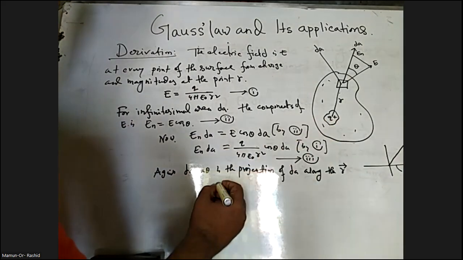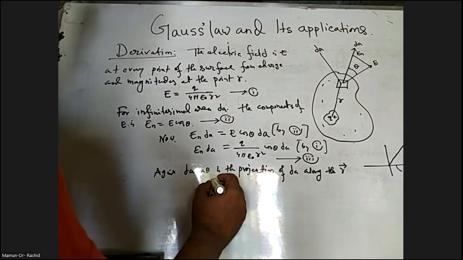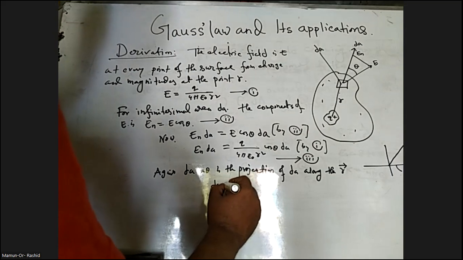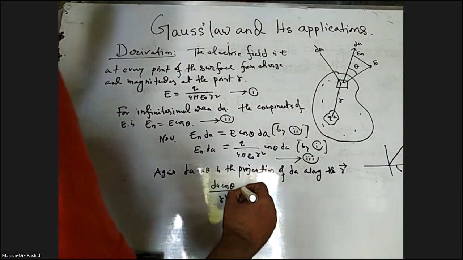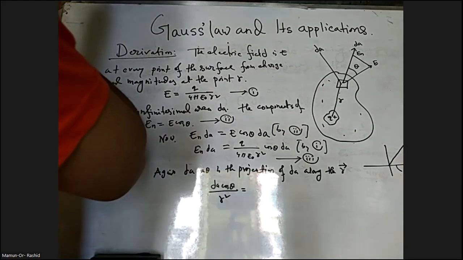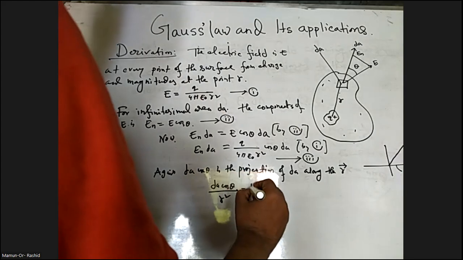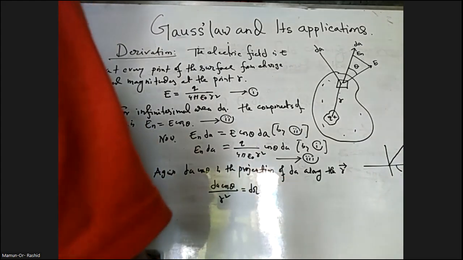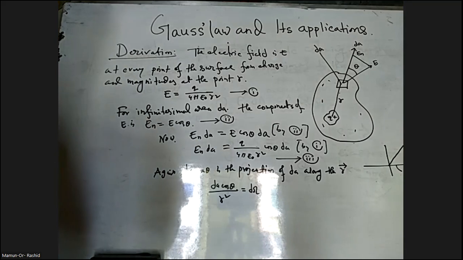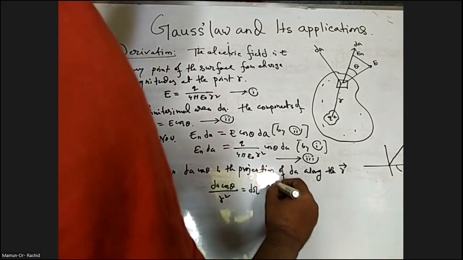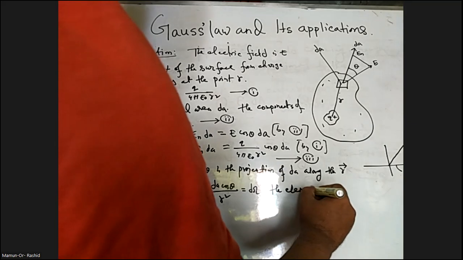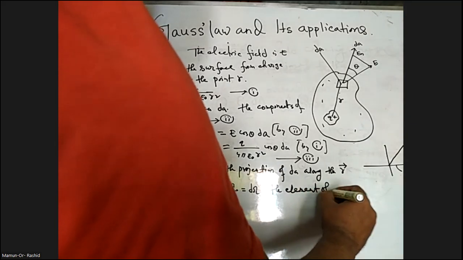So from the vector representation, we can write dA cos theta divided by r square will be the angle d omega, the element of solid angle subtended by dA. This is the solid angle.